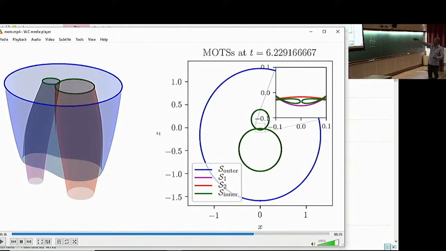So the red and the magenta one are intersecting each other. What happens to the green one at this stage? Well, it continues to exist, it doesn't just disappear, and it develops these kinks, these knots. It is still a MOTS, it is still the same equation that you were solving. And it is still spherical topology, but it just has this self-intersection built into it.